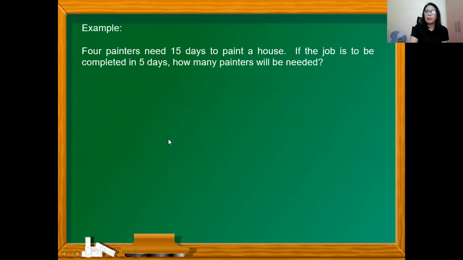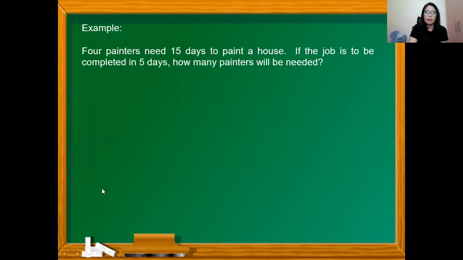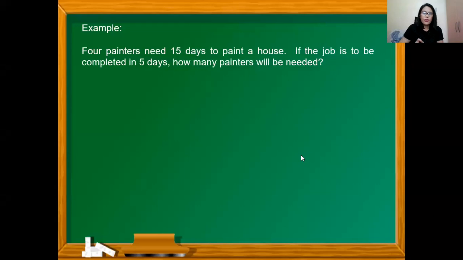if we have this problem, okay, so four painters need 15 days to paint a house. So if the job is to be finished in 5 days, this problem is actually inversely proportional.